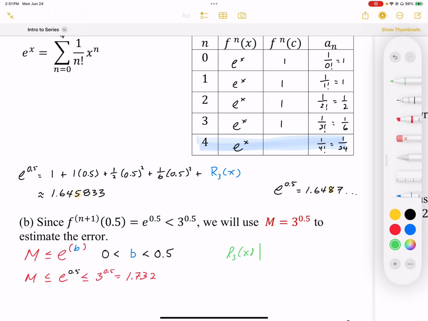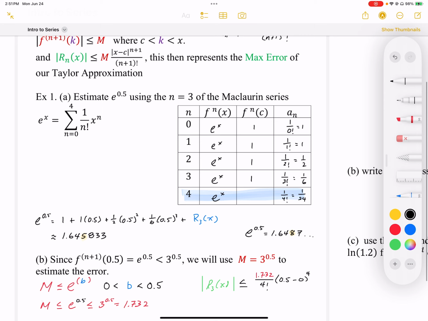Then our max error must be less than or equal to the m value, which we're using as 1.732, divided by 4 factorial, times 0.5 minus 0 to the power of 4.